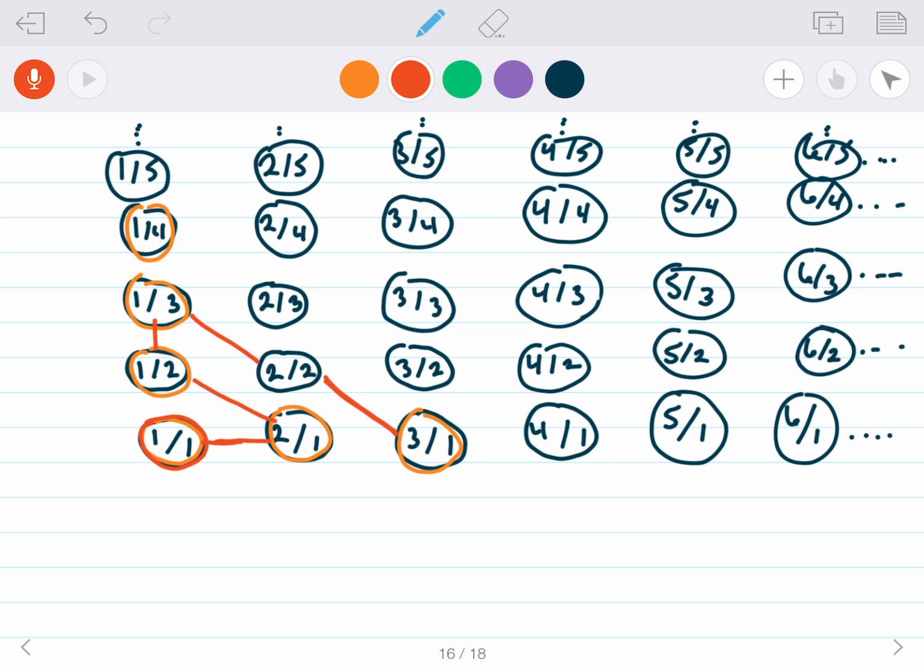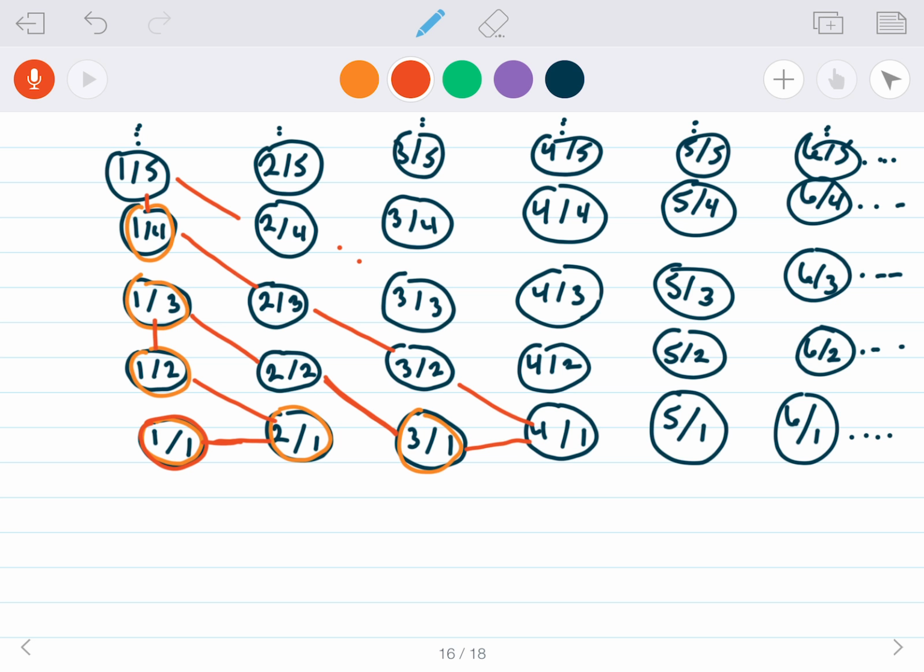And then we'll again snake along going back up. So we'll go to 4 over 1, 3 over 2, 2 over 3, 1 over 4, 1 over 5, snake back down, and so forth.